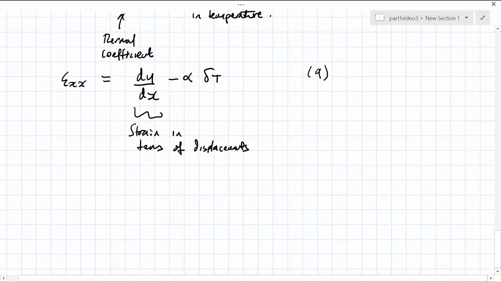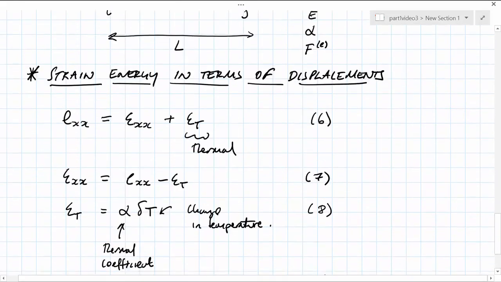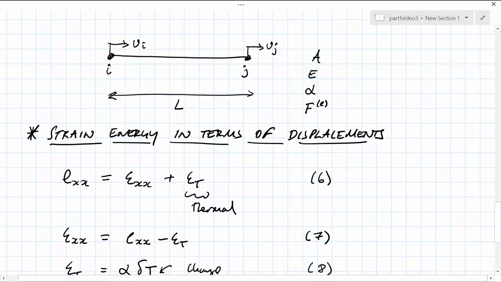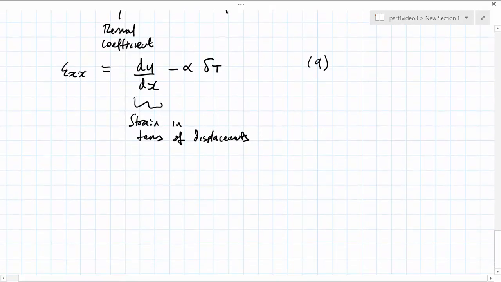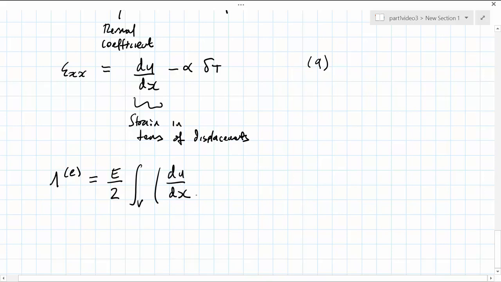We now substitute equation 9 into equation 5, so we get an updated version of our elastic strain energy. So lambda E now is equal to Young's modulus over 2 multiplied by the volume integral of our strain definition all squared and integrated with respect to the volume.